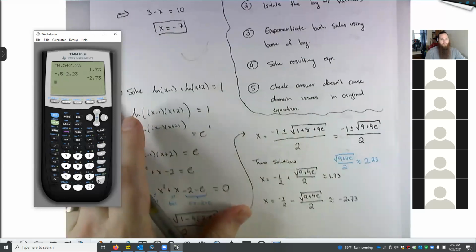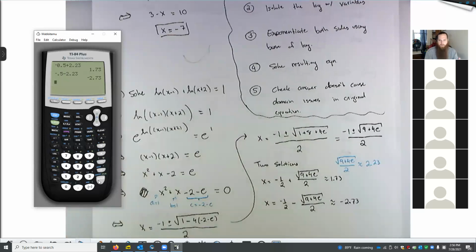Okay, so of these two solutions I have, do either of them cause a problem in the original equation? The -2.73. Good. Which piece of the original equation, and why? Both of them. Very good.